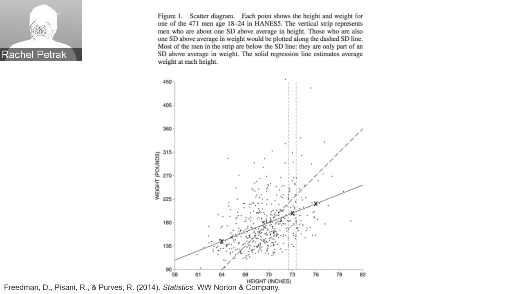And our solid line is our regression line. This is a standard presentation for a regression scatter plot. There's the scatter plot, the regression line, the standard deviation line. The regression line would be generally solid, the standard deviation line generally dashed. And again, the vertical strip, the dashed lines, this is a standard notation. So when you see these in other future research articles, you'll know how to read them.